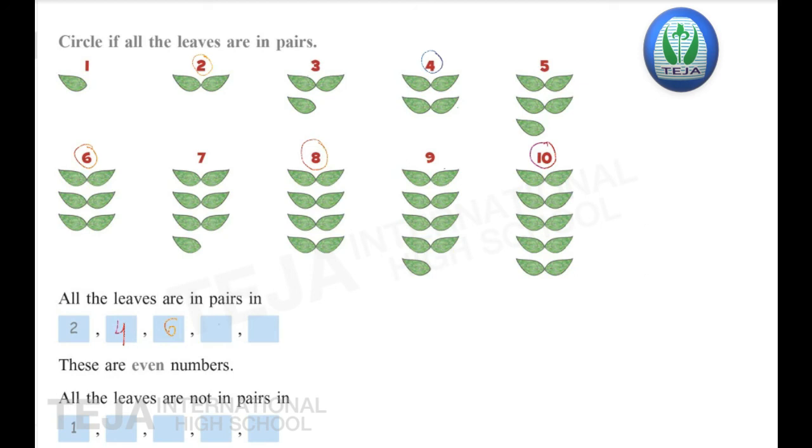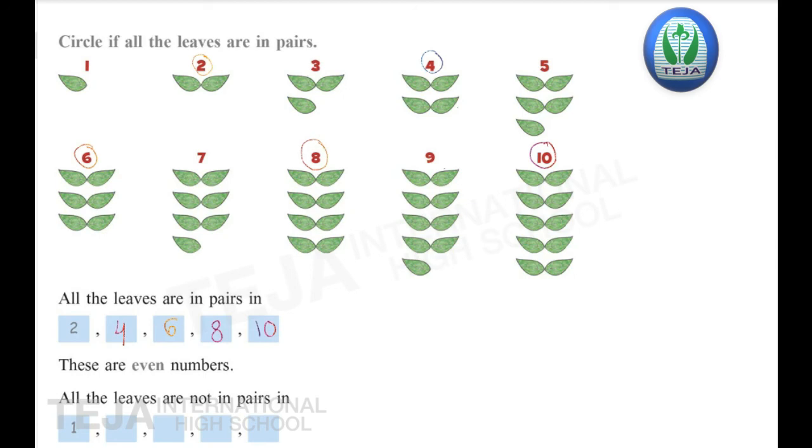We are writing the circled numbers here in the box. And the next number is 10. So which numbers have the pair of leaves, children, here? 2, 4, 6, 8, 10. These numbers are even numbers.